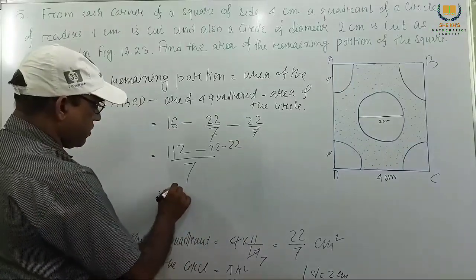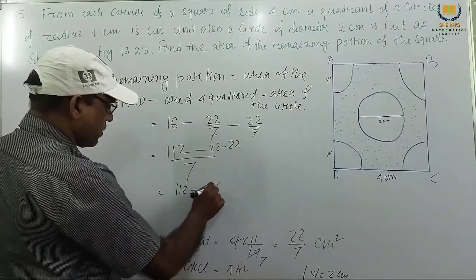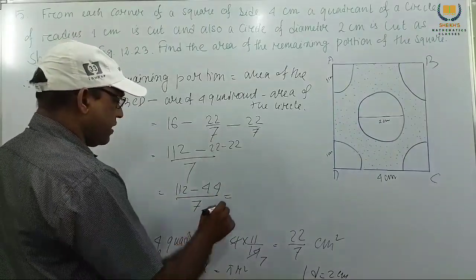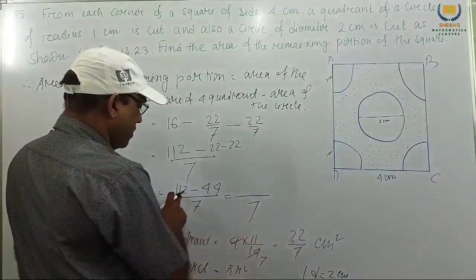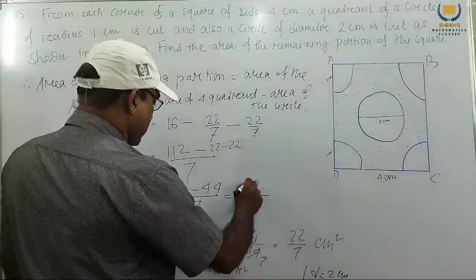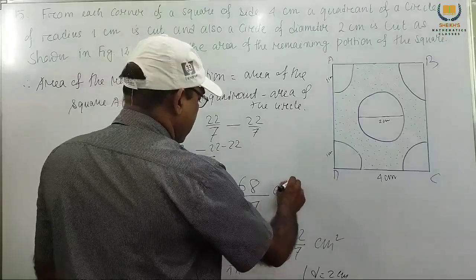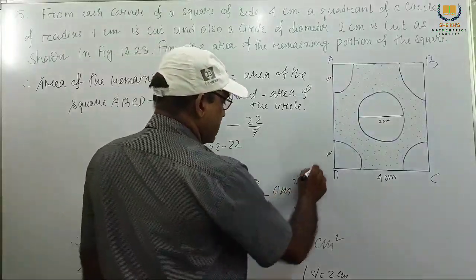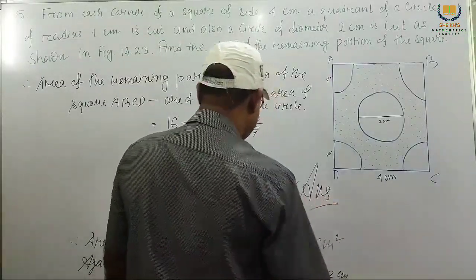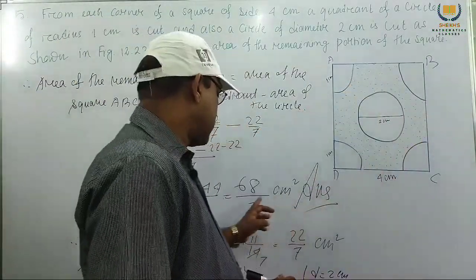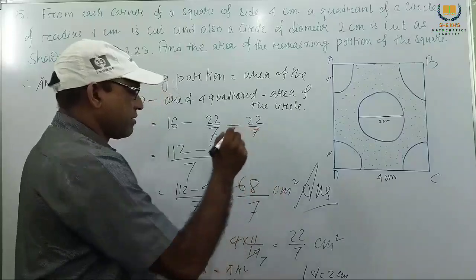So this will be 112 minus 44 by 7. The 7 remains the same. 112 minus 44 is 68. Here we get 68 by 7 centimeter square. So this is our final answer. The area of the remaining portion is 68 by 7 centimeter square.